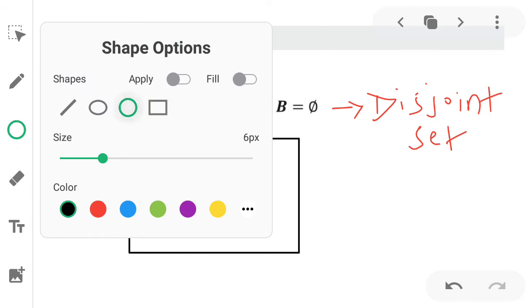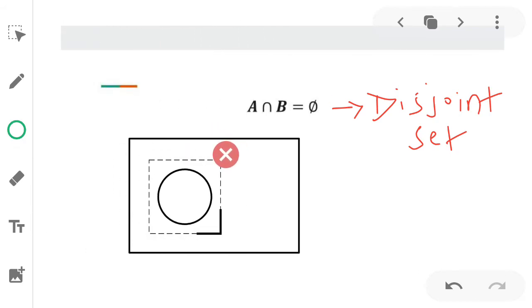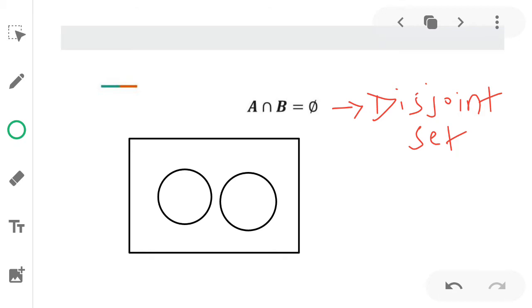Next I need a circle here. I will draw a circle. Again I will draw another circle. So here I will write this as A, this as B, and here I will write U. There are no common elements between A and B, so I don't need to make the overlapping circles.